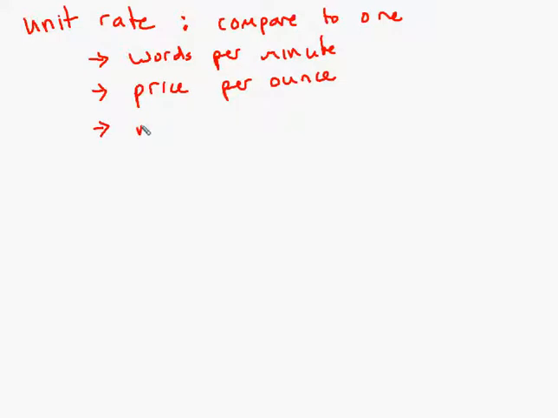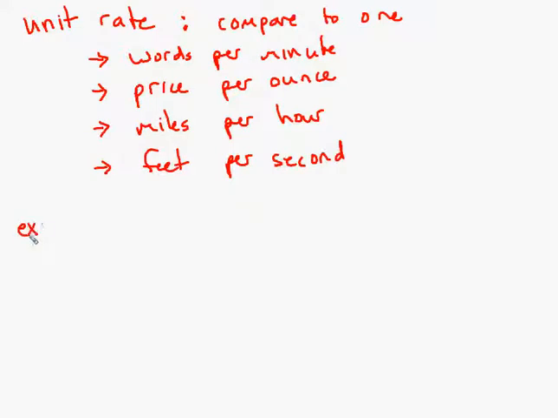Maybe we want to do miles per hour. Or feet per second. So here's an example problem, and I do want you to write this word problem into your notes.